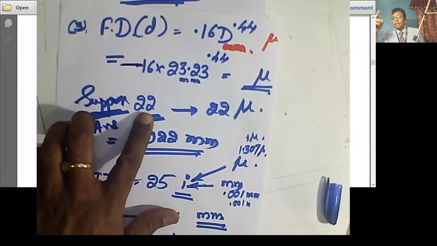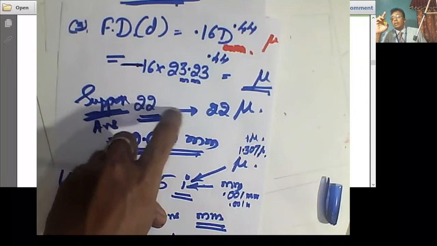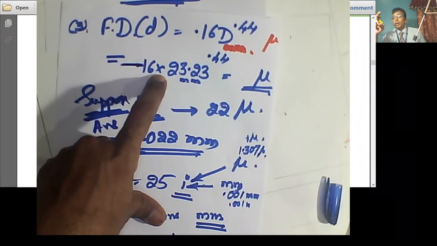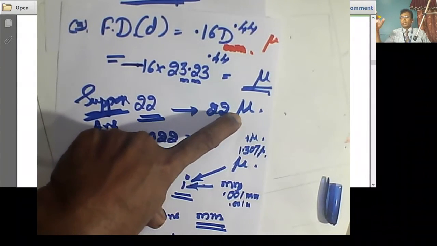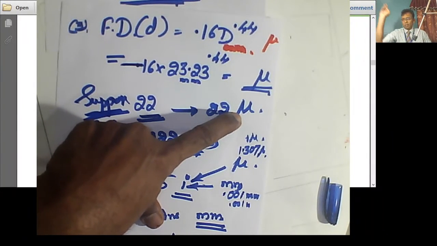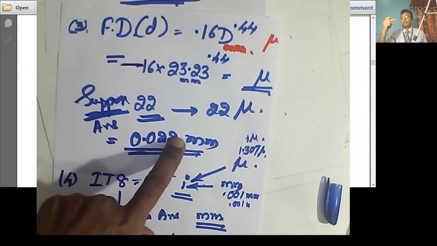Let us say the answer is 22. By this calculation, let us say this is 22. And what is the 22 you get? It is 22 microns, whatever the micron value is. So I have to convert that into millimeters, 0.022 mm.